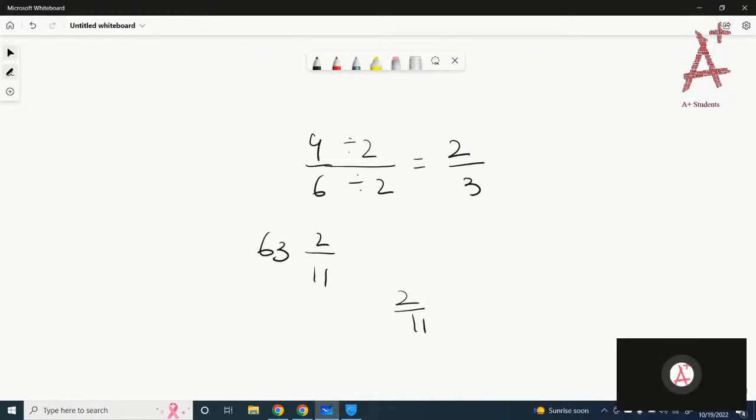So 2 by 11 equals about 0.18, which is less than 0.5. Got it? That means you have to round down to the same whole number. So it would be rounded off to 63. Got it?